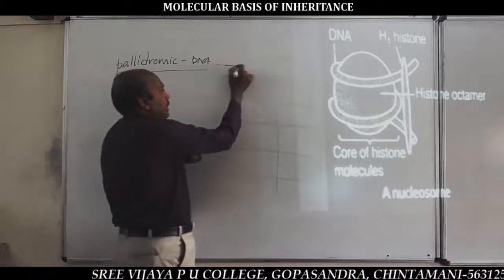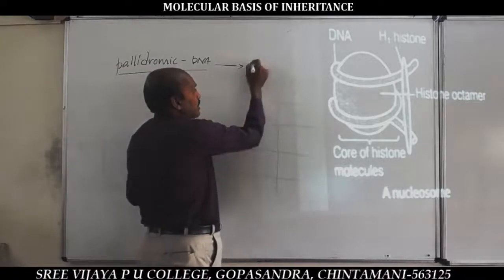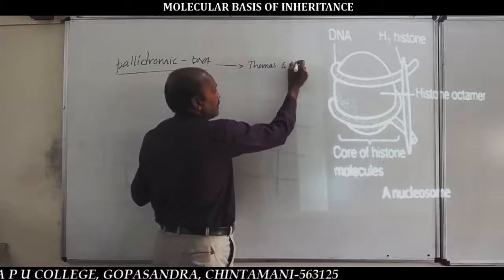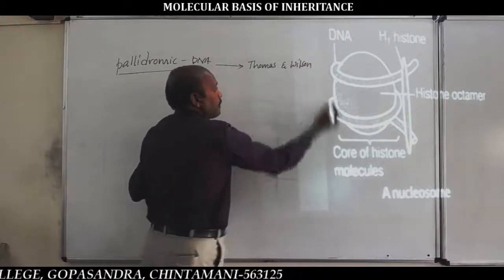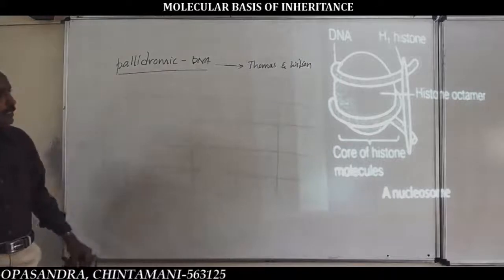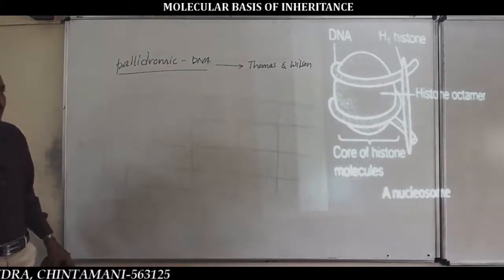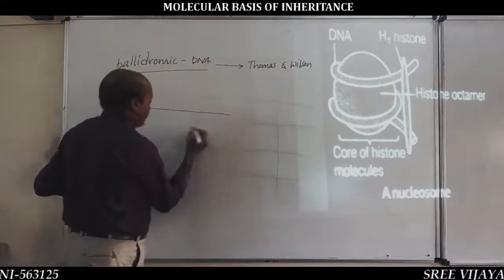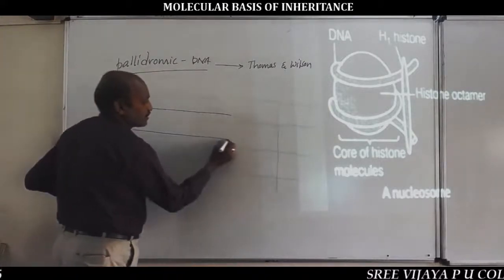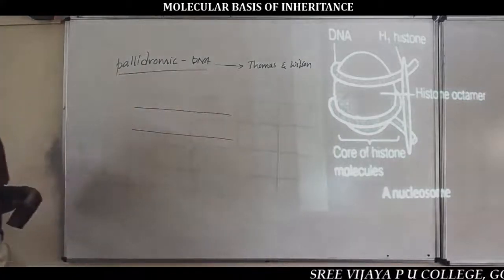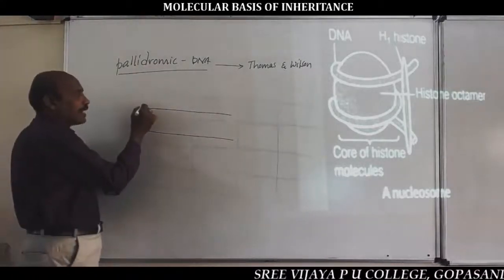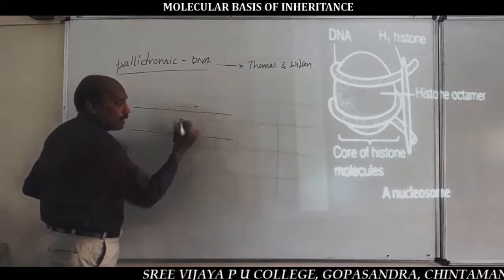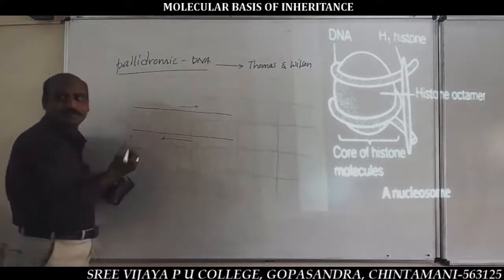This palindromic DNA was first noticed by Thomas and Wilson. Here, the meaning of palindromic DNA is, listen here students, a DNA in which the nitrogen base pairs are the same in both forward and backward direction.